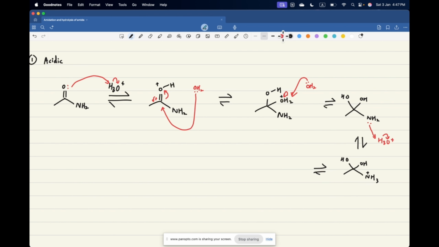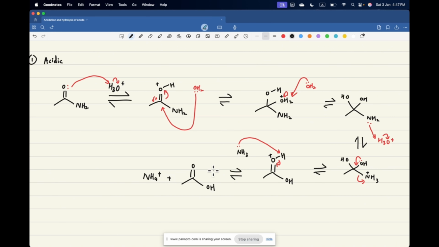So we can form this compound and NH3 as our ammonia. Then this oxygen is partial positive, so the electrons from the ammonia will grab the hydrogen and give back the electrons to the oxygen, therefore forming our carboxylic acid as our final product, and the NH4 plus ammonium ion as our side product.